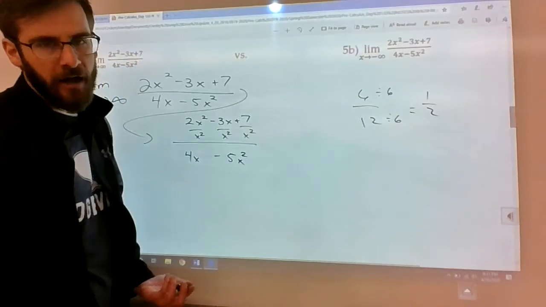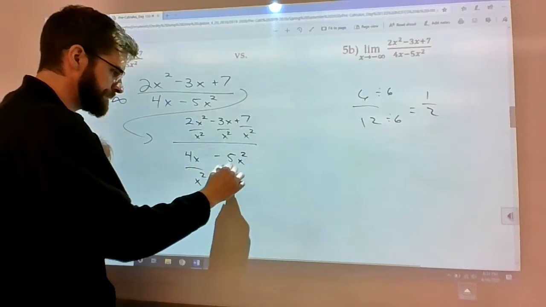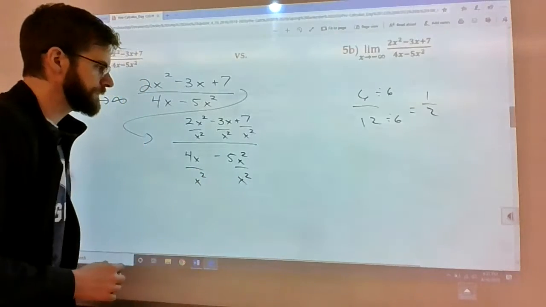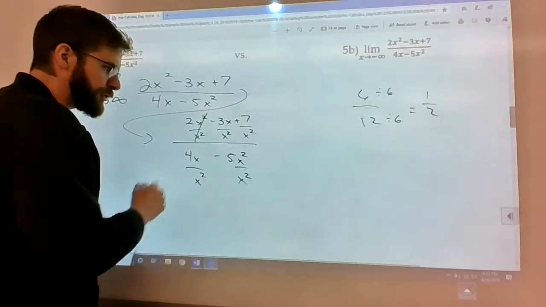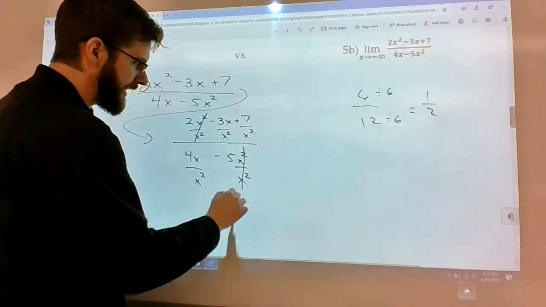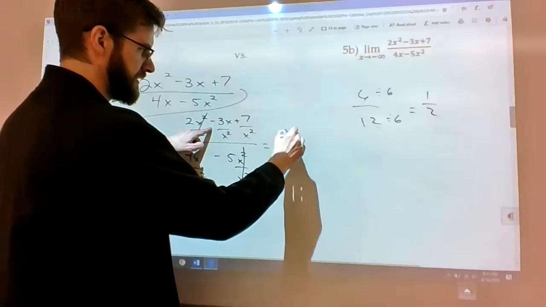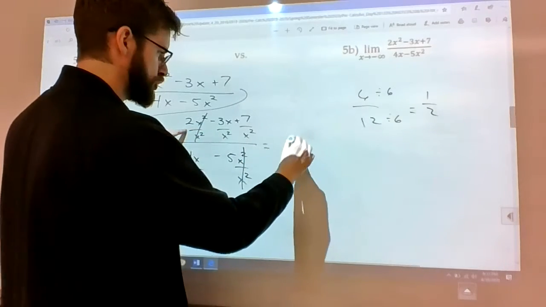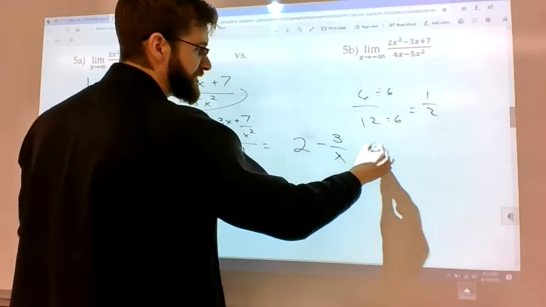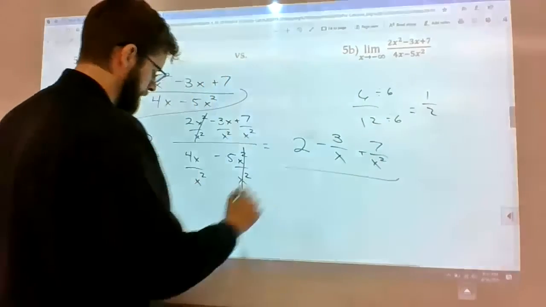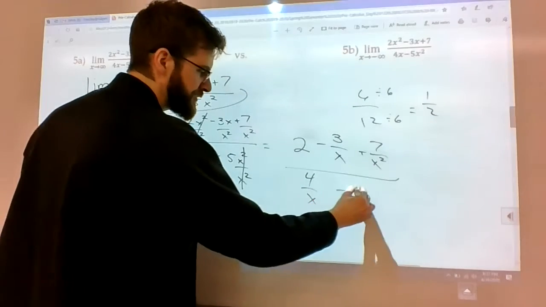And we got to do it on the bottom. I mean, it's the same number on top and bottom that we divide by. And what that does is it creates constants on the top and the bottom with variables. So this is 2 minus 3 over x plus 7 over x squared. This is 4 over x minus 5.